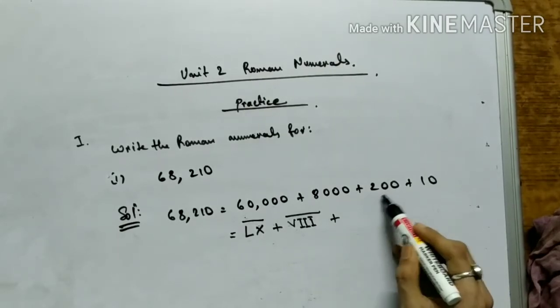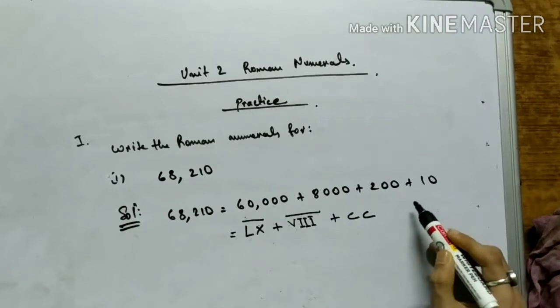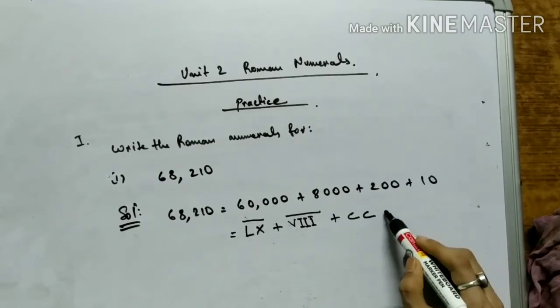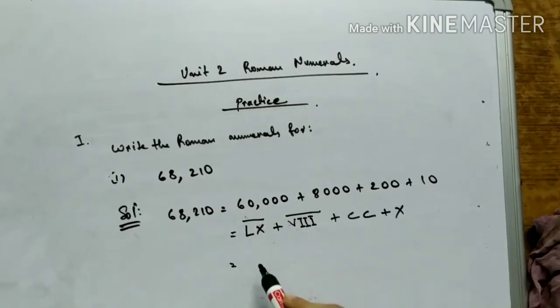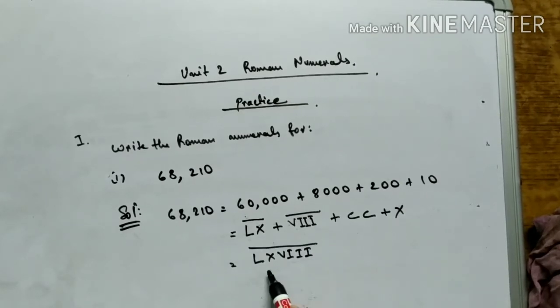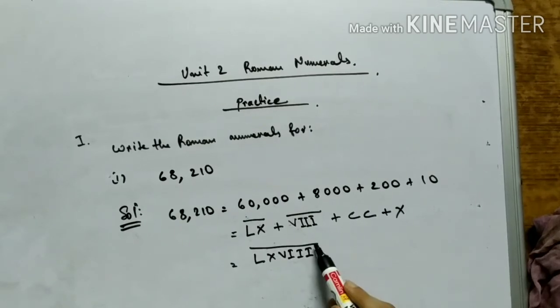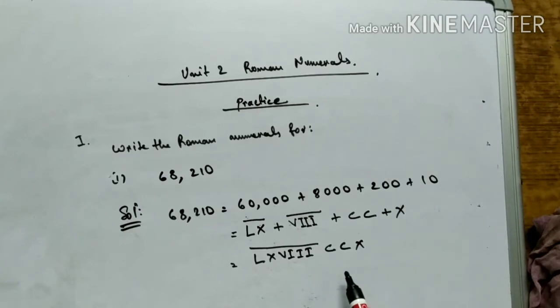Plus this is 200, which is 100 plus 100, so I can write it as CC, plus 10, so I will write X. Therefore I can write this as LXVIII whole bar. This will mean that it is 68,000. Then CCX. Understand? This will be your answer.